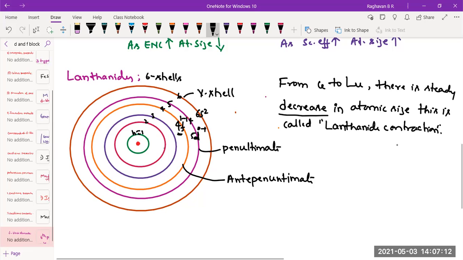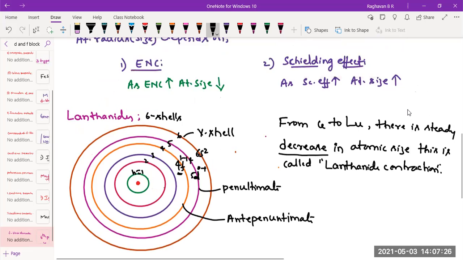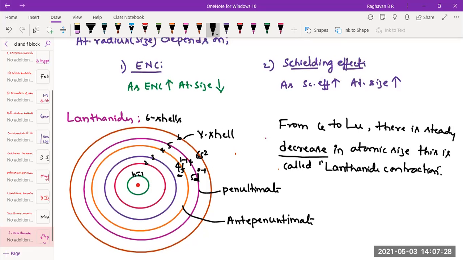Now, what is the reason? We have quoted this reason while discussing atomic size in D block. Is it the shielding effect or improper shielding effect? Improper. That's because electrons are added to F orbitals.